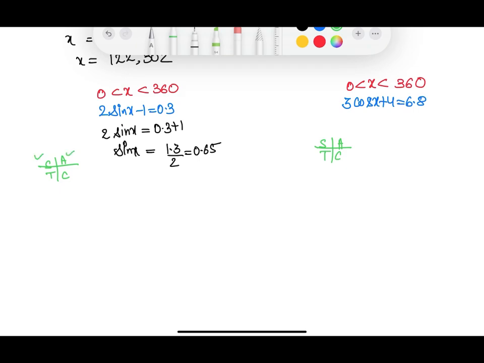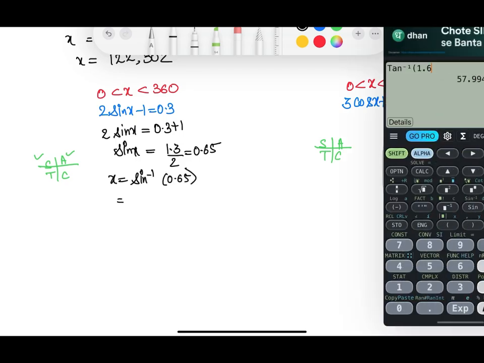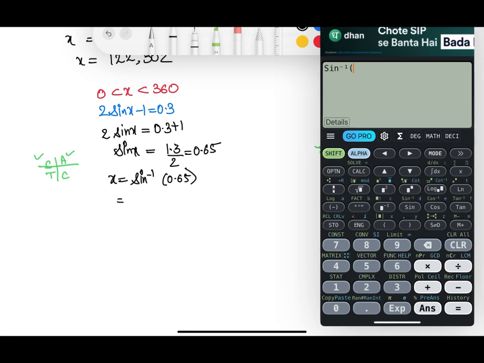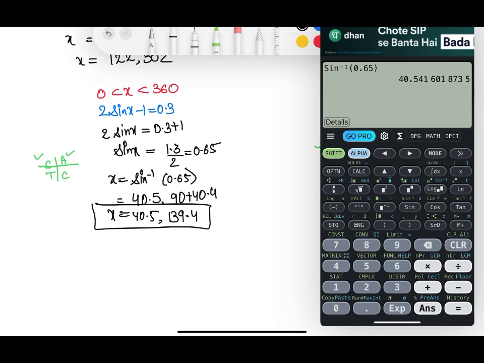For the first quadrant, we can easily find the value of x, which is sine inverse 0.65, which is 40.5. For the second quadrant, it's 90 plus, so 90 plus 40.5 is 139.5 or so. These are the values.